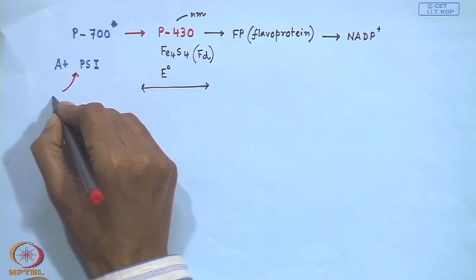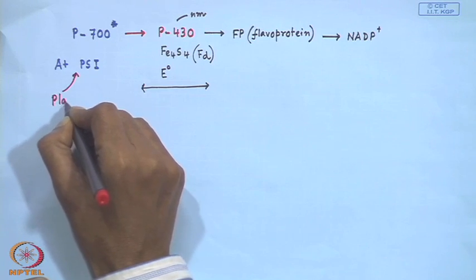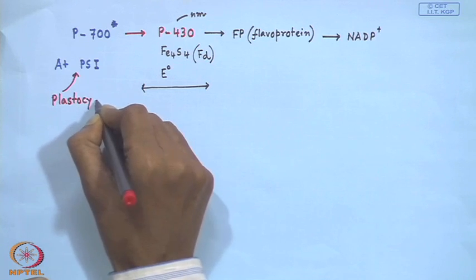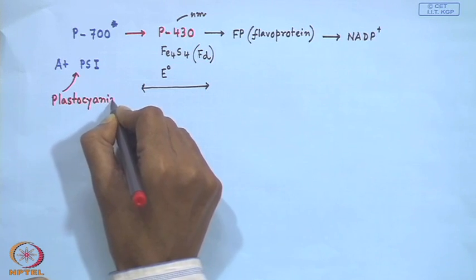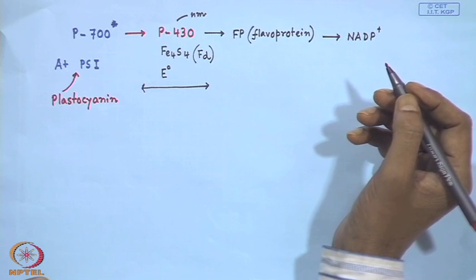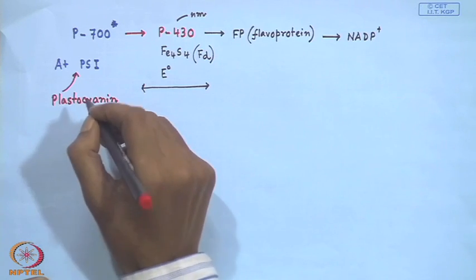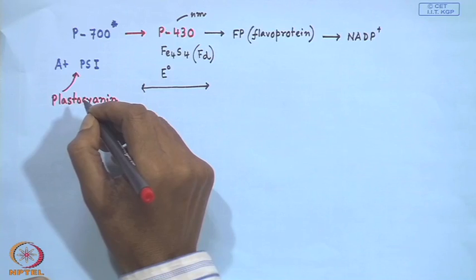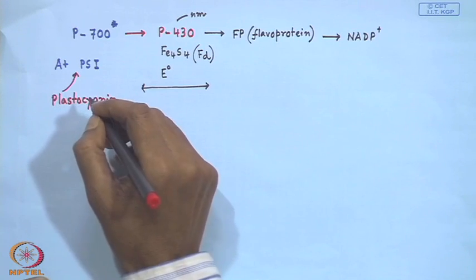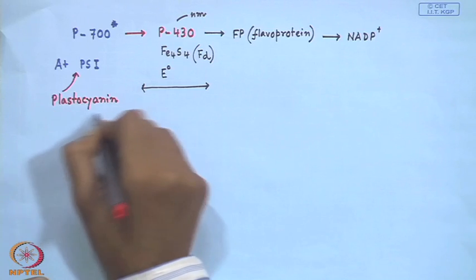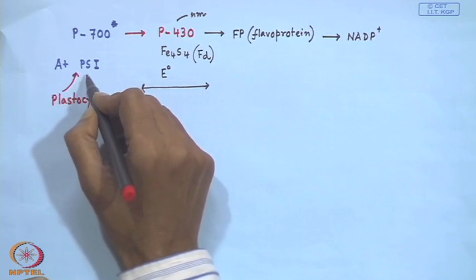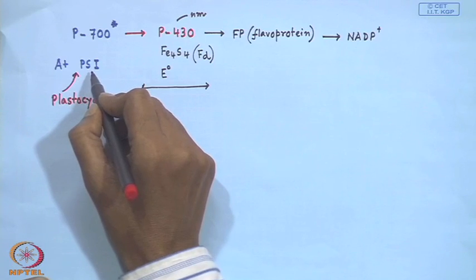We read about plastocyanin, which are copper proteins. So, blue copper proteins responsible for electron transfer. This plastocyanin is taking that electron, so the electron is basically entering PS1 from these plastocyanins. Plastocyanins in the reduced form can put the electron to PS1.